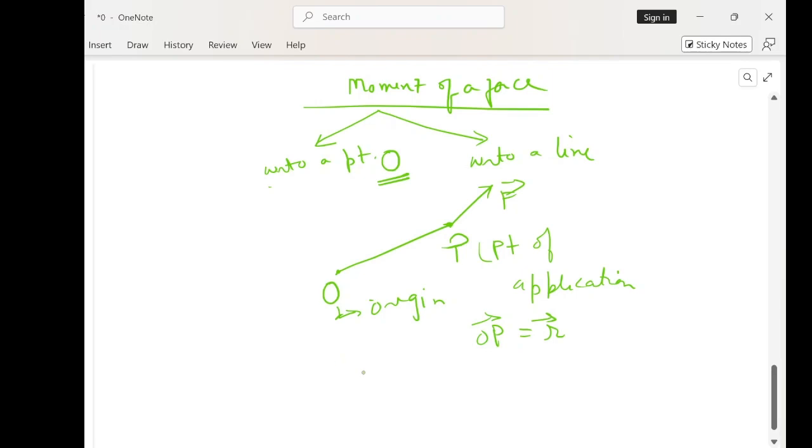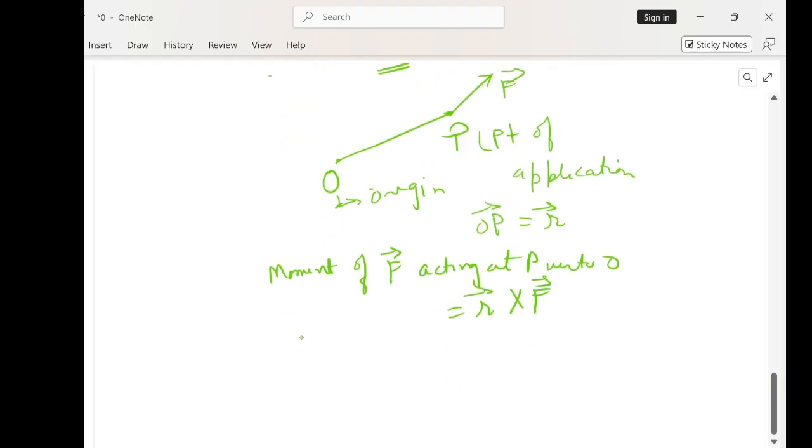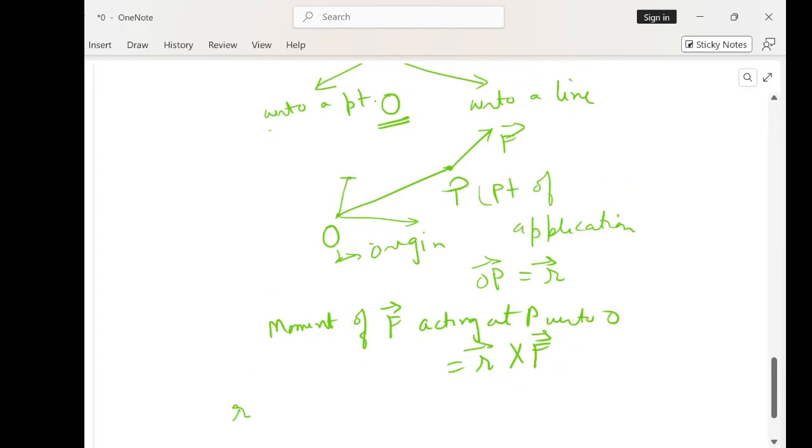Then how do we calculate the moment? The moment of F acting at P with respect to O is equal to R cross F. And you know how to calculate R cross F. In the Cartesian coordinate system, I am now adding the X, Y, Z axes here.